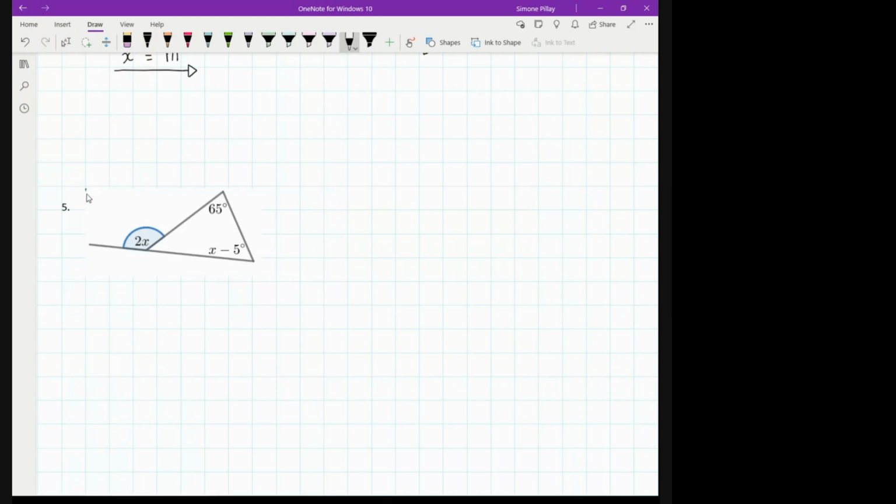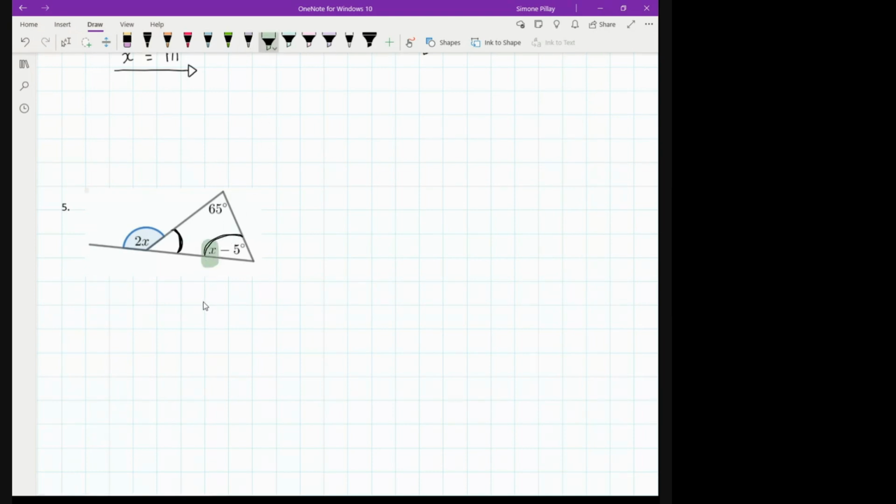Can I use interior angles, because I don't see an angle on the inside? You don't see an angle, but look at this. I don't know this angle, but I don't know this angle either. Why don't I know this angle? Because there's a variable in it.